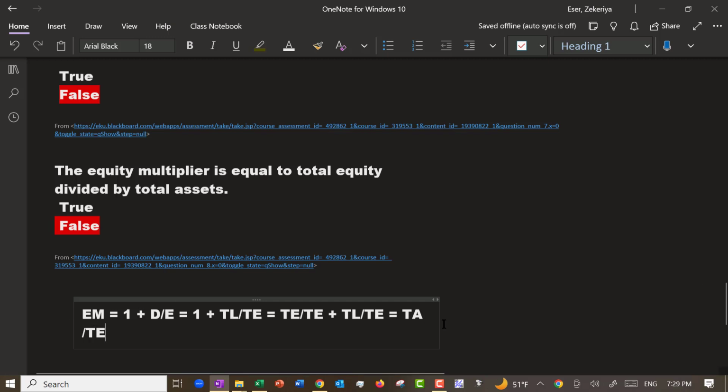It's actually total assets over total equity, but it says it's the other way around. Okay.